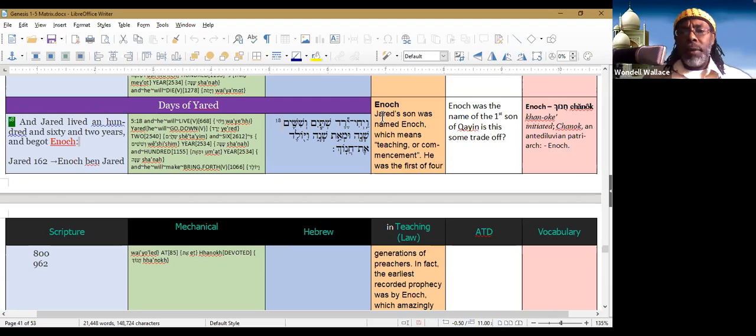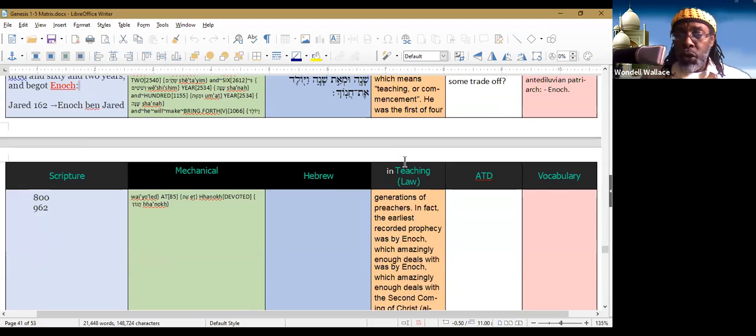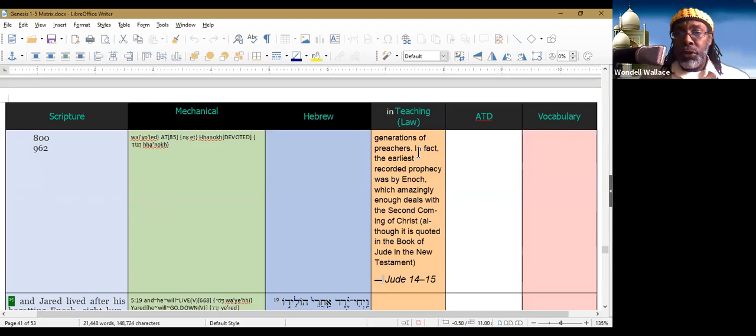And Chanok, Yared's son, was named Chanok, which means teaching or commencement. He was the first of 4 generations of preachers. In fact, the earliest recorded prophecy was by Chanok, which amazingly enough deals with the second coming of Christ, although it is quoted in the book of Jude in the New Testament.